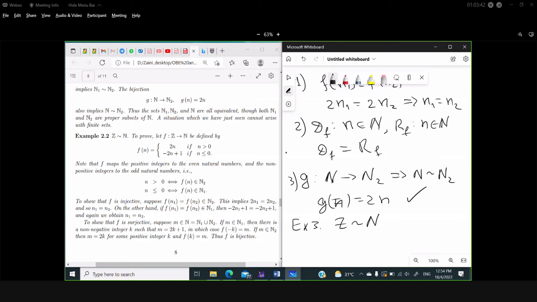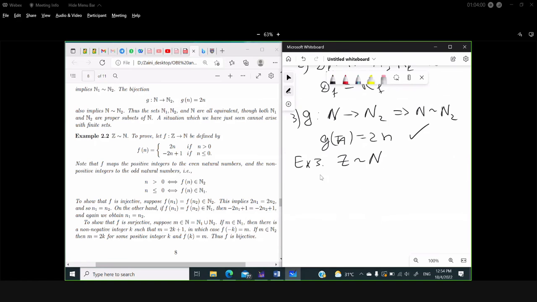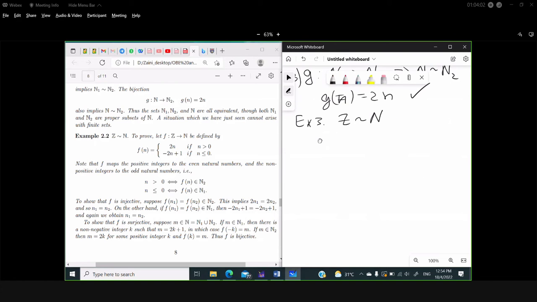How do we prove it? We need to find the bijective function. If we are able to find the bijective function, then we say these two sets are equivalent. Now look, how they found the bijection. So they found a very nice function. Please pay attention. I will give one question in the exam on equivalent sets.